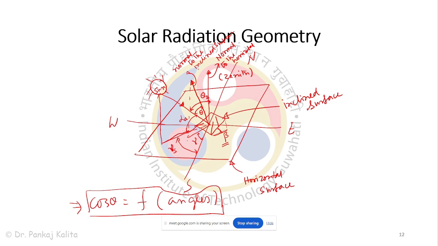Now from the normal to the inclined surface, if we measure, this is the theta that we are going to calculate. The incoming solar radiation to the normal to the inclined surface, this theta we are going to talk about in the whole upcoming lecture series.